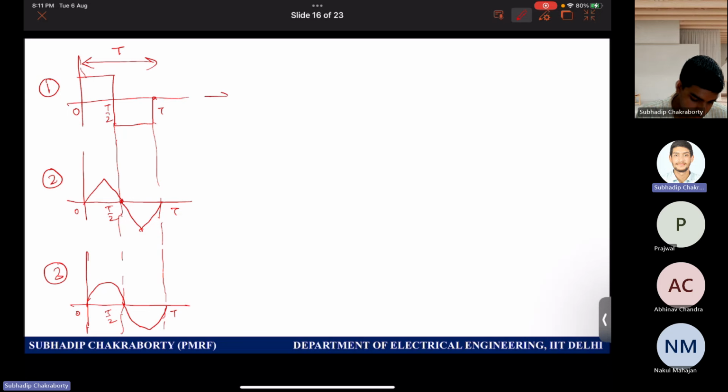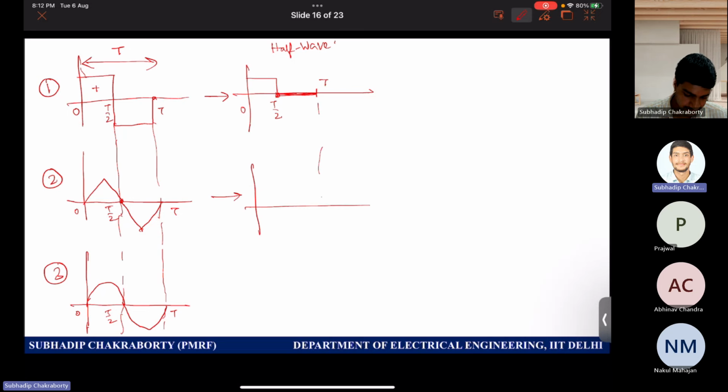Now, if you do it for half wave, how will it look? Anyone? Only the positive half will appear. The other part will be 0. Similarly, for the triangular wave as well, only the positive part will appear and the negative part will be 0.